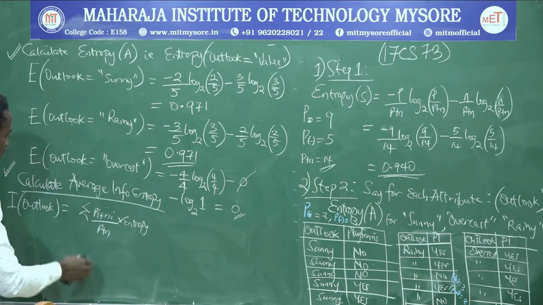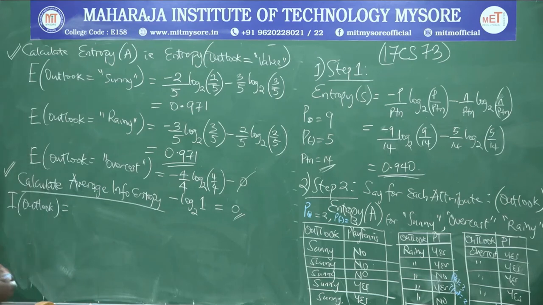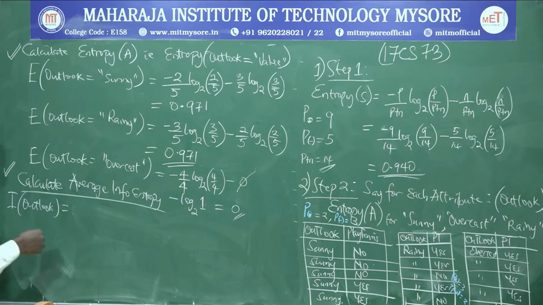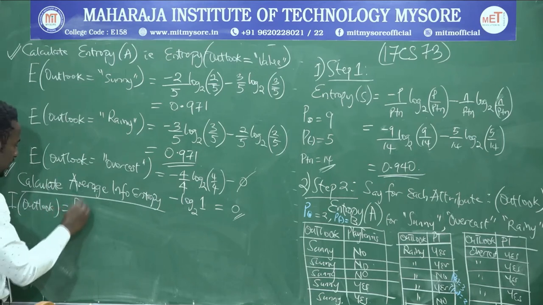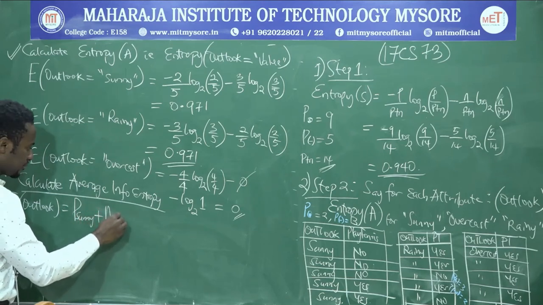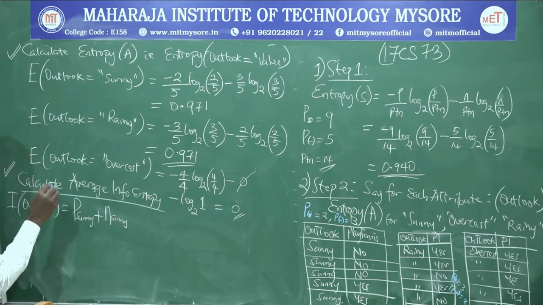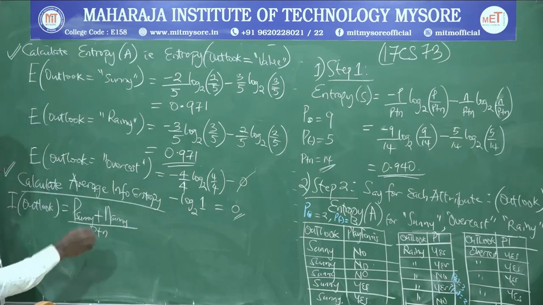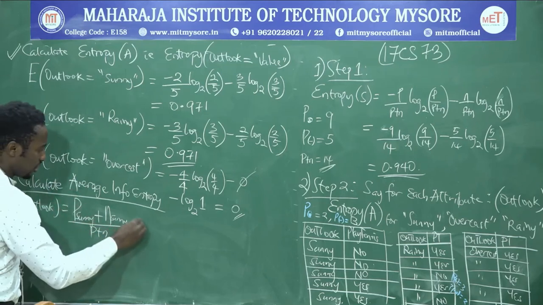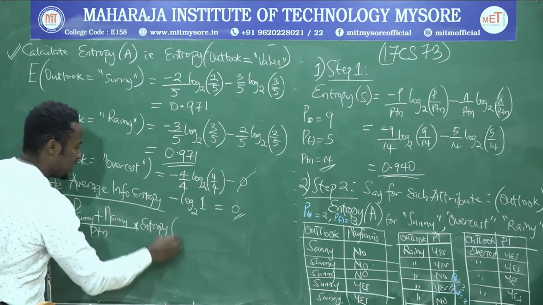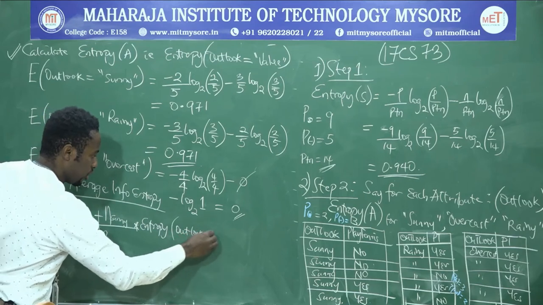Let's expand this formula. The summation becomes P of sunny plus N of sunny, upon P plus N, into the entropy of sunny, which is from outlook equal sunny.